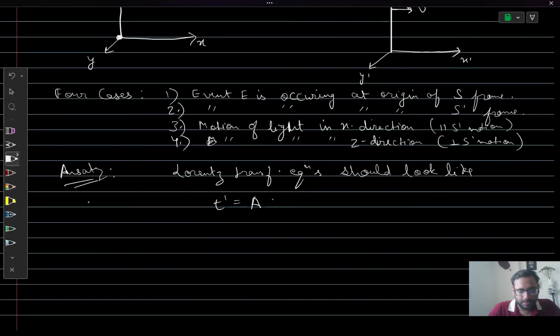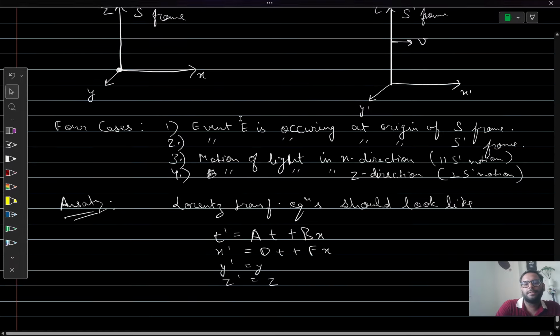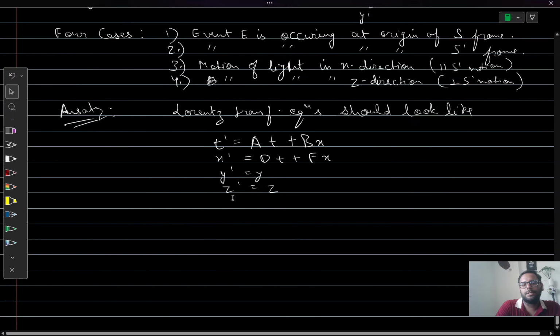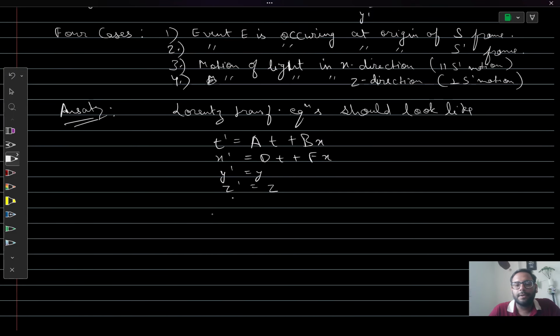We are just considering the general case. y prime equals y, because the motion is in the x direction, so we assume the changes are in the x coordinate. And we are not considering any t square kind of terms because it will lead to non-inertial forces. You can check it.